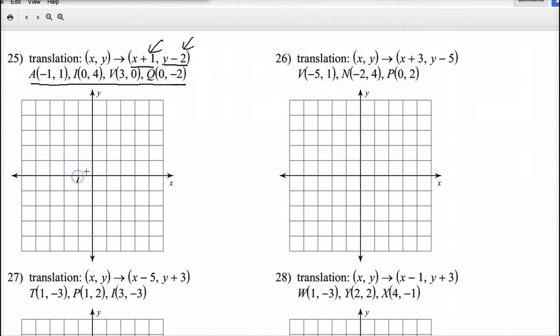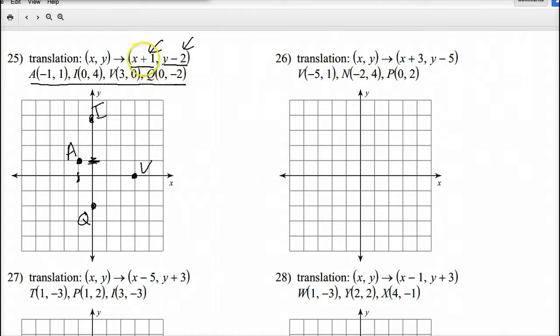So that'd be right here at negative 1, 1. And that's my A. 0, 4 is going to be the next one. 3, 0, 1, 2, 3, and then on 0. So this is I, this is V, and then Q is at 0, negative 2. So there we go, 0, negative 2, and that was Q.